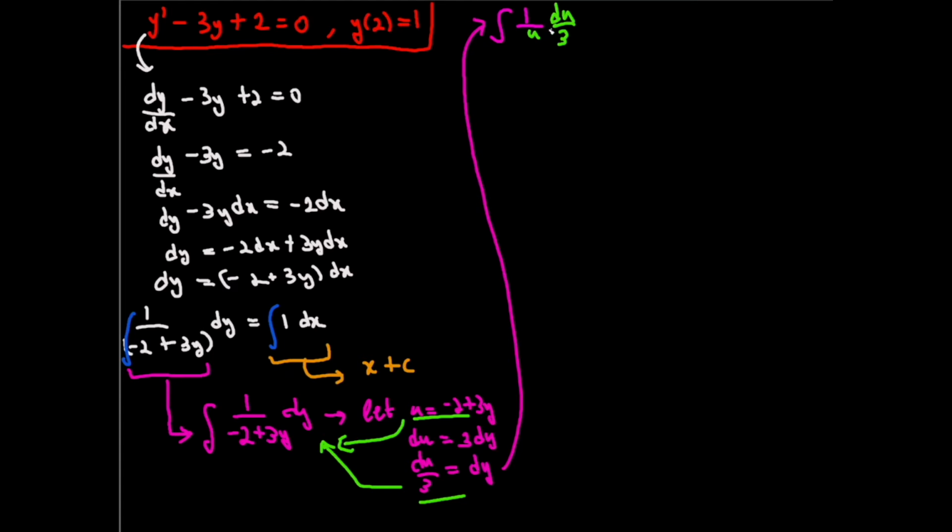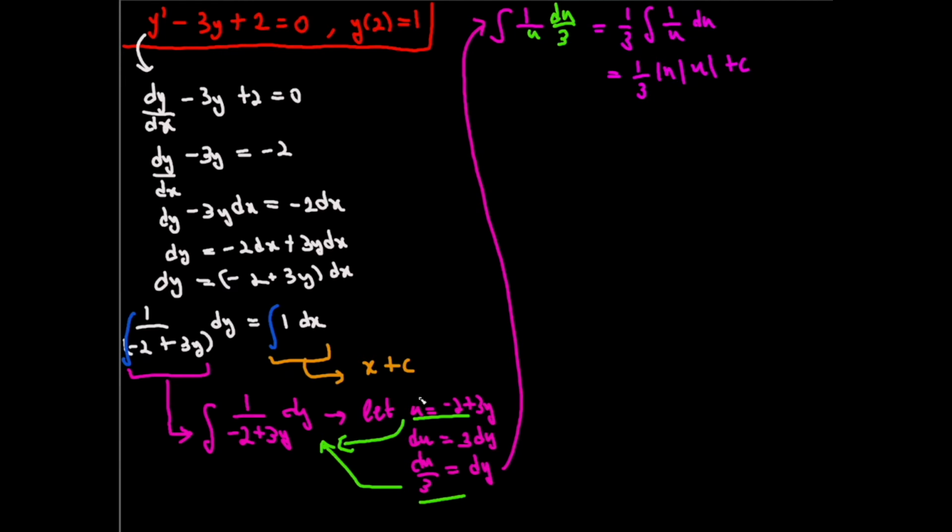So we can pull this 1/3 outside. This is going to be 1/3 times the integral of 1 over u du, and the integral of 1 over u is the natural log. So it's going to be 1/3 times the log absolute value of u plus c. And then we bring this back.